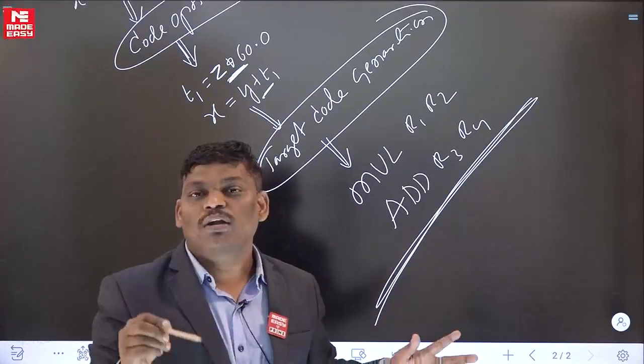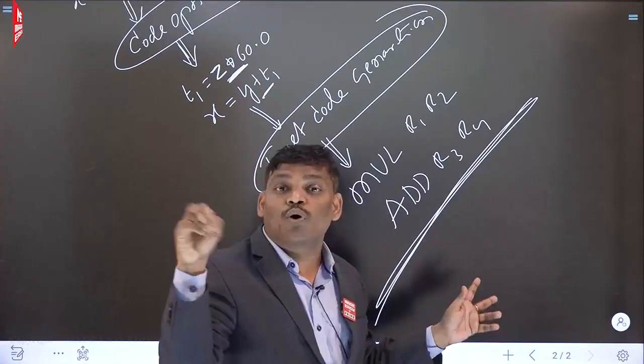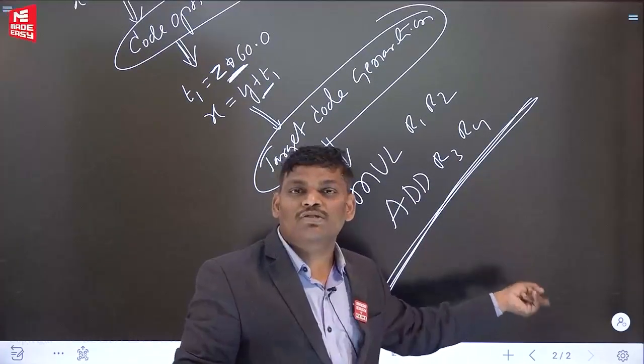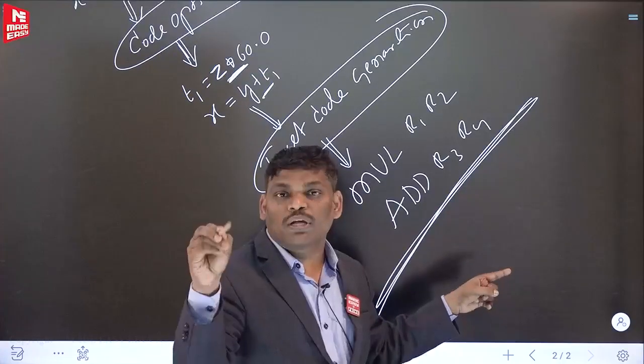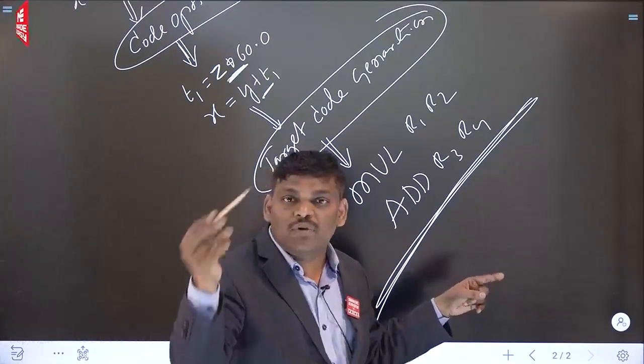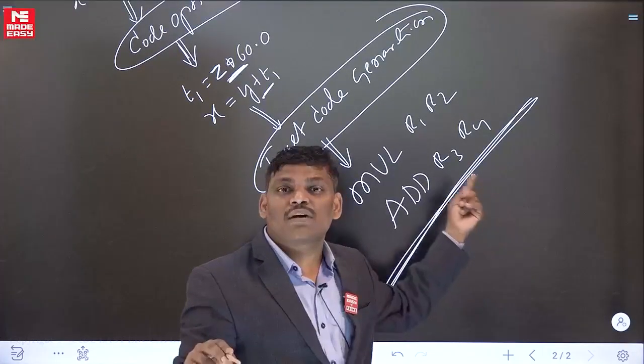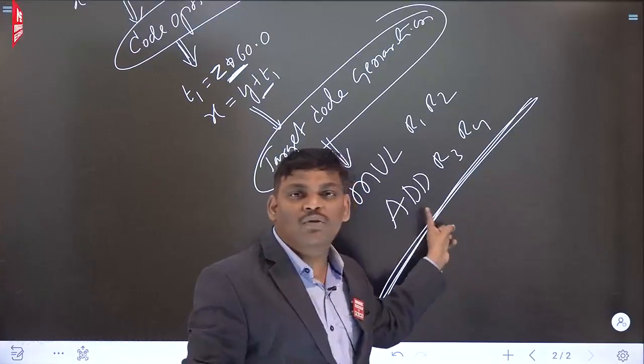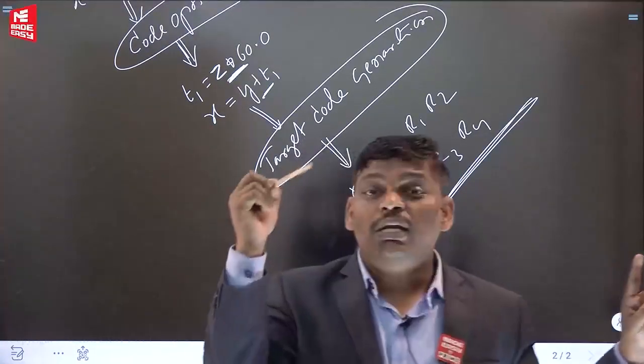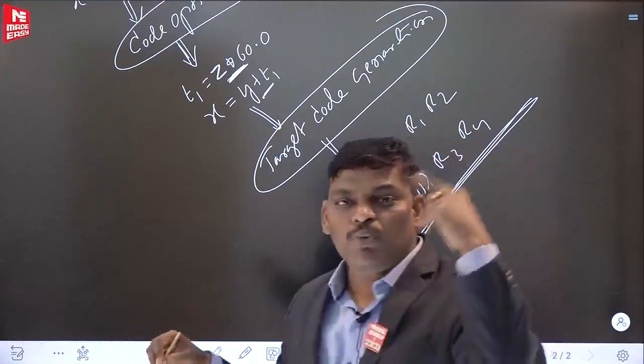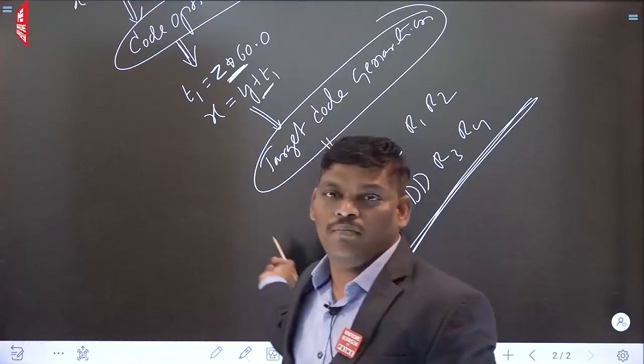If a P4 processor is there in that computer, these are the instructions of P4. If an i7 processor is there, these are the instructions of i7. What is the meaning? The final code that comes is machine dependent code. Depending upon the processor, that kind of code will come.